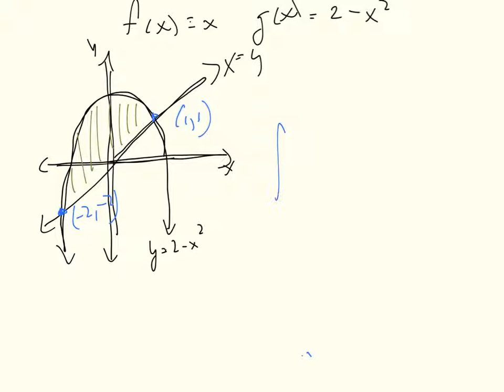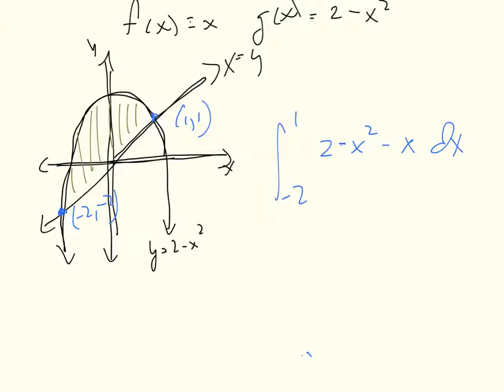So when we integrate, we're going to go from our upper bound of 1 to our lower bound of negative 2. Our top function is 2 minus x squared, and from that we're going to subtract the lower function, x. There is no combining of like terms, so we're just going to go to a straight integration.